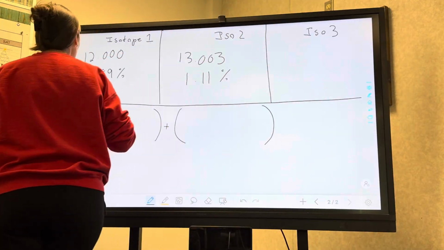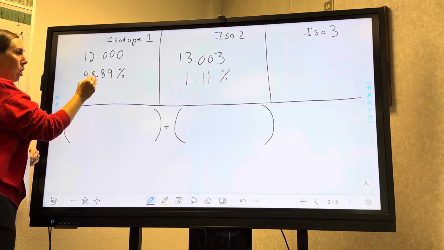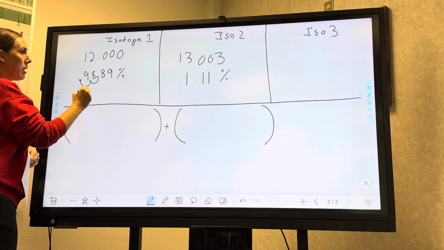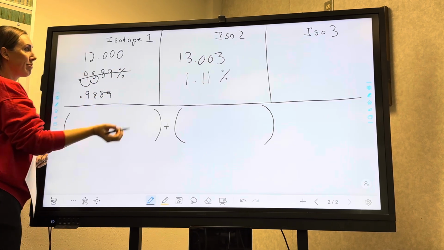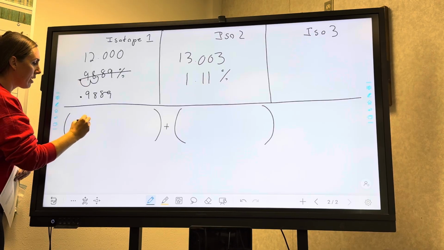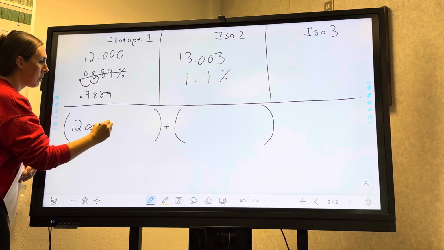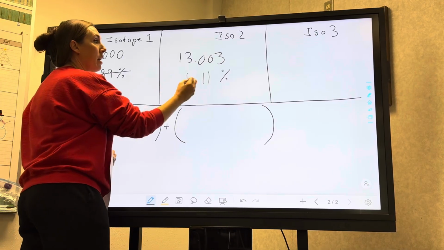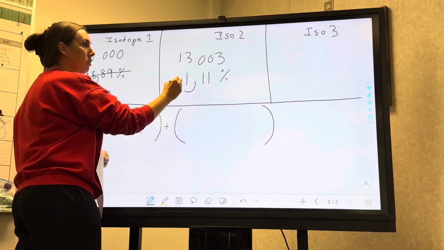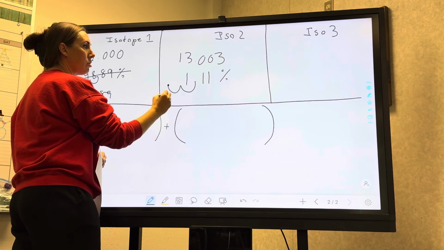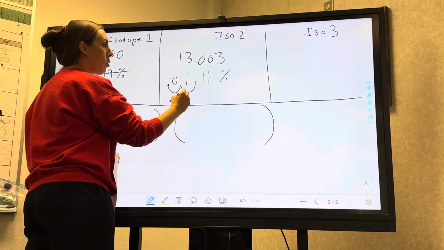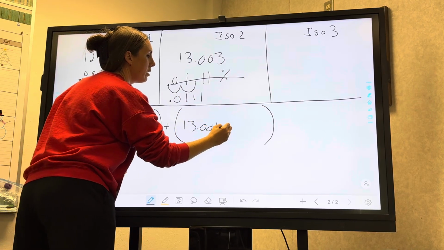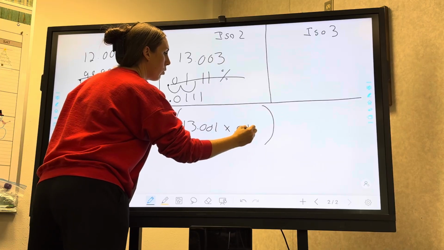So ready? If I move the decimal over 1, 2, our new number is 0.9889. Okay, so it's 12.000 times 0.9889. Change this percentage, move it over 2. So it becomes 0.0111. 13.003 times 0.0111.